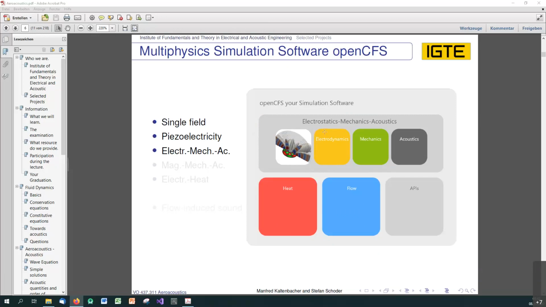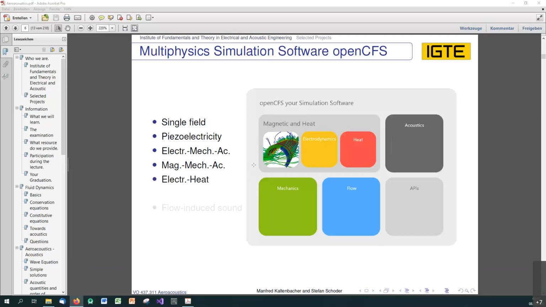The software is capable of coupling mechanics, magnetics, and acoustics. The typical application is if you have a transformer that emits some noise, and how to go from the excitation itself, from the magnetics, to the acoustics. It's all covered within the software.